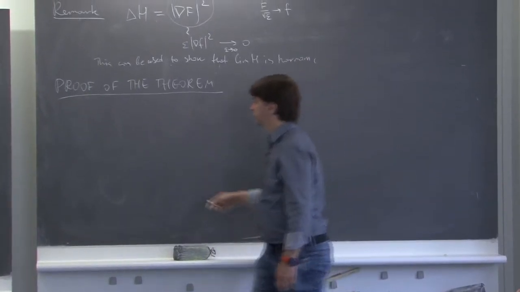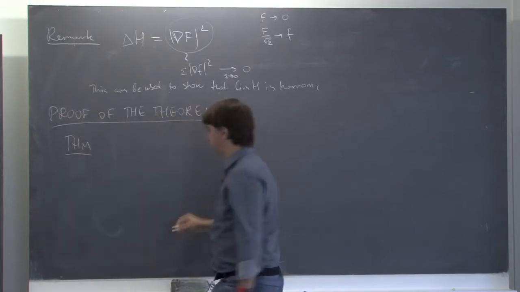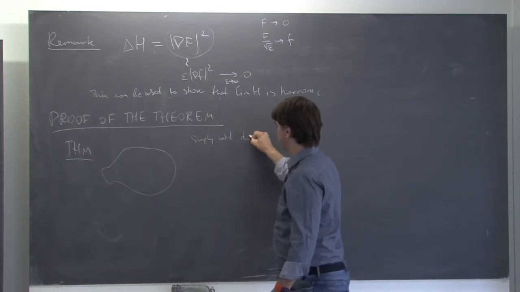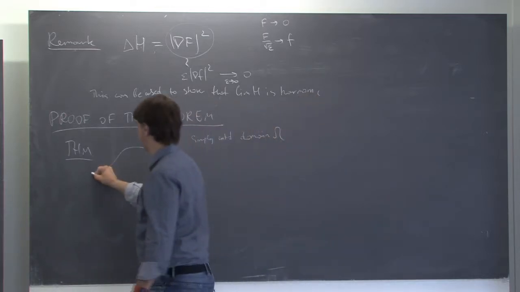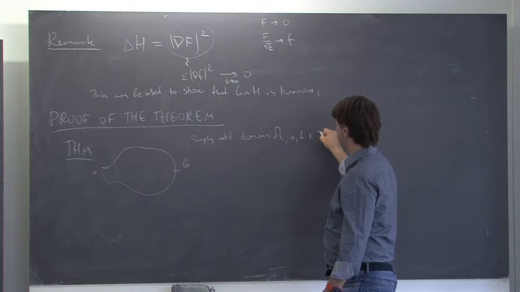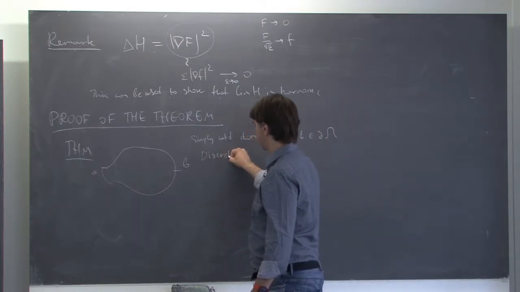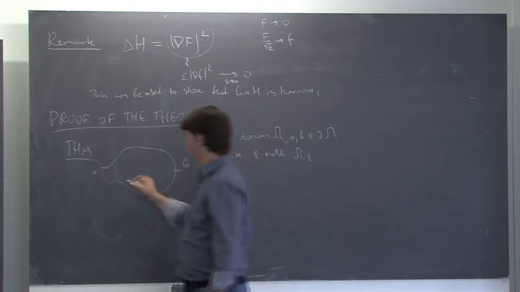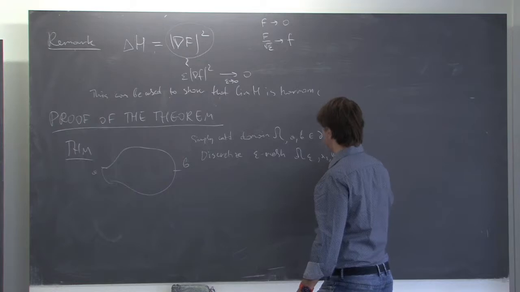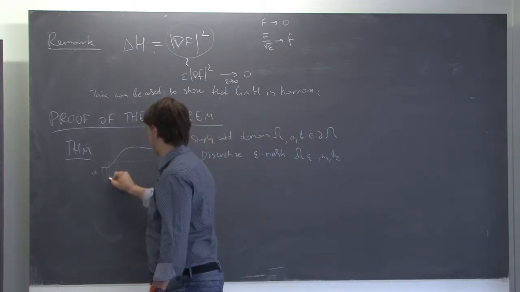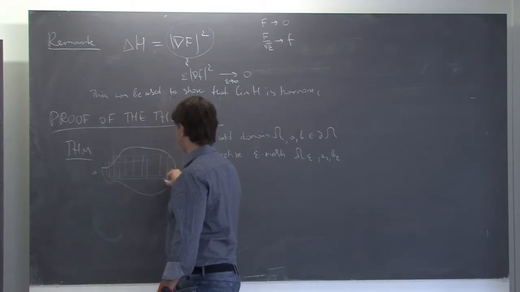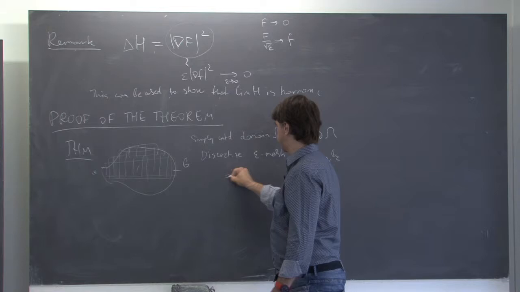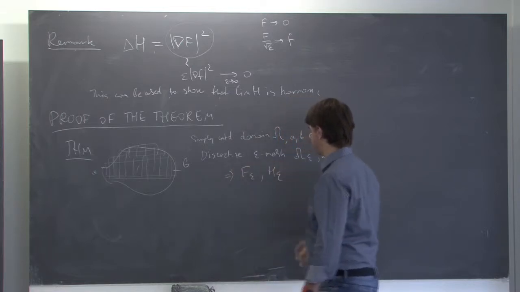The theorem was, as a reminder, that if we have a simply connected domain omega with 2 points A and B, and then we discretize with epsilon mesh to get domain omega epsilon, A epsilon, B epsilon, so we get some domain which goes something like that. Then we get the functions f epsilon and h epsilon.